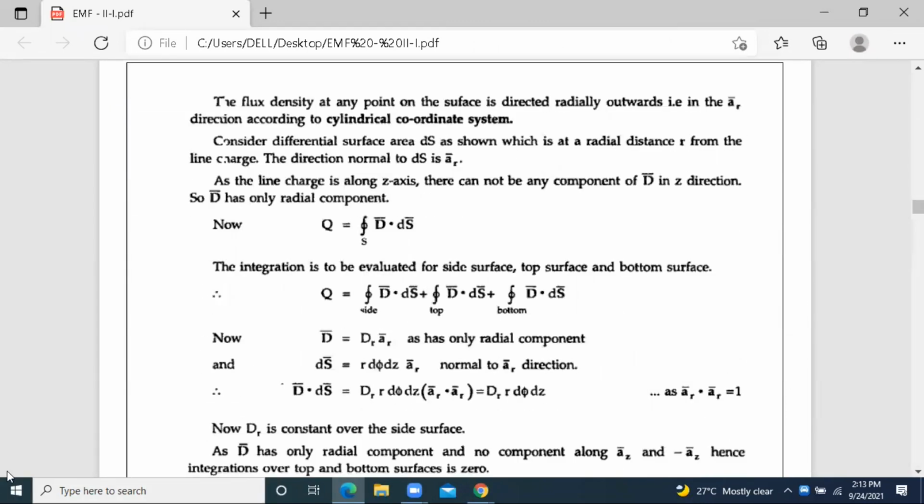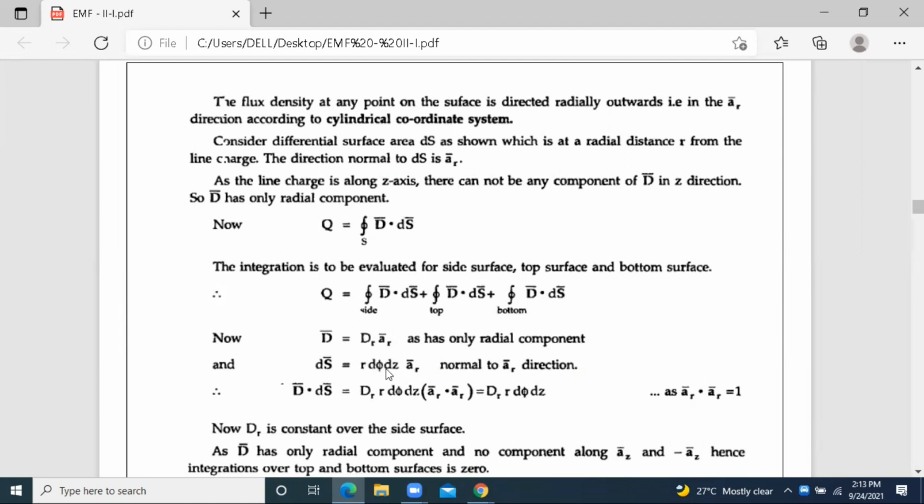So r dφ is that differential circumference, and dz is the differential height.